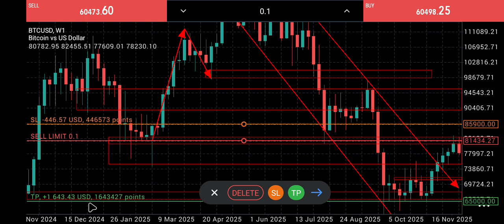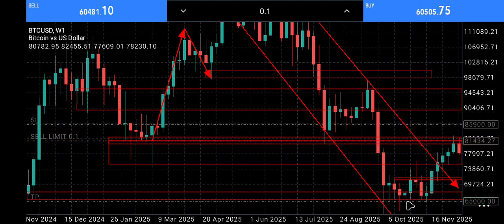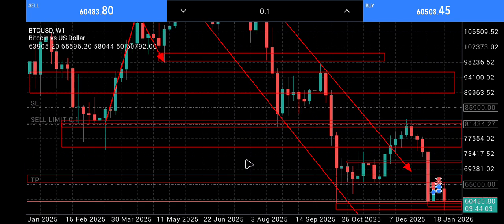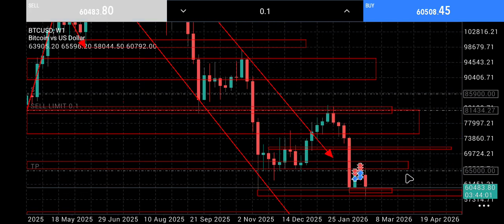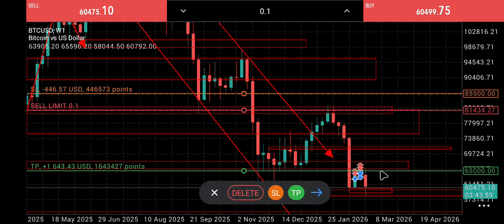Then also, if the price gets to this area, which is 65,000, this is my target. This is my target, guys. This is my stop loss, and this is my pending order, which is a sell limit, right? That's how pending orders are set.